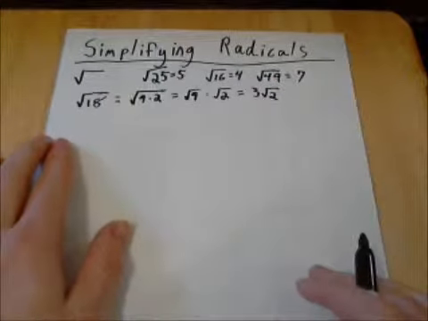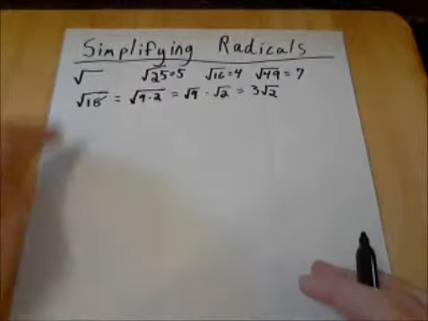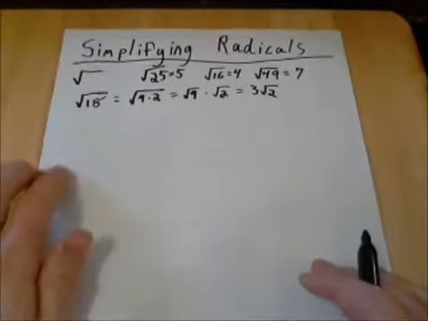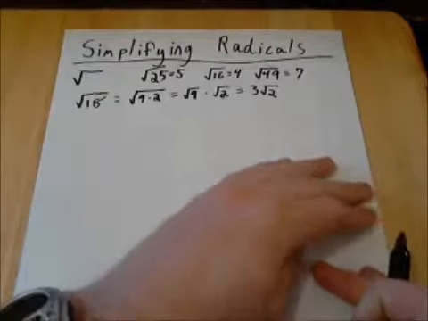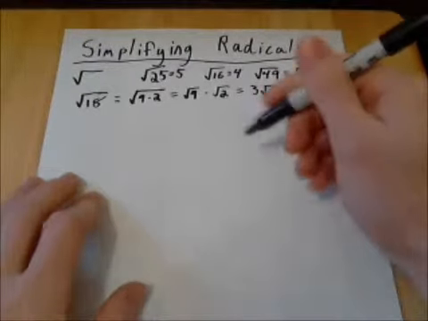Now you may be asking yourself, how did he know to use 9 and 2? Why didn't he use 6 and 3? Those both multiply to get 18. Well, this is where a little bit of memorization comes into play.